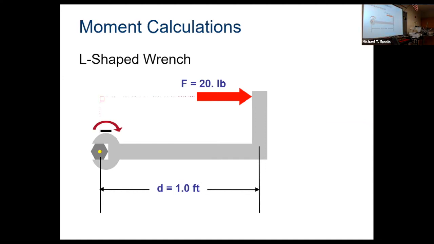But I want everyone to take a minute or two, and I want you to calculate the moment that you think this is going to be. So go ahead and calculate the moment of this 20 pounds of force, including sine.